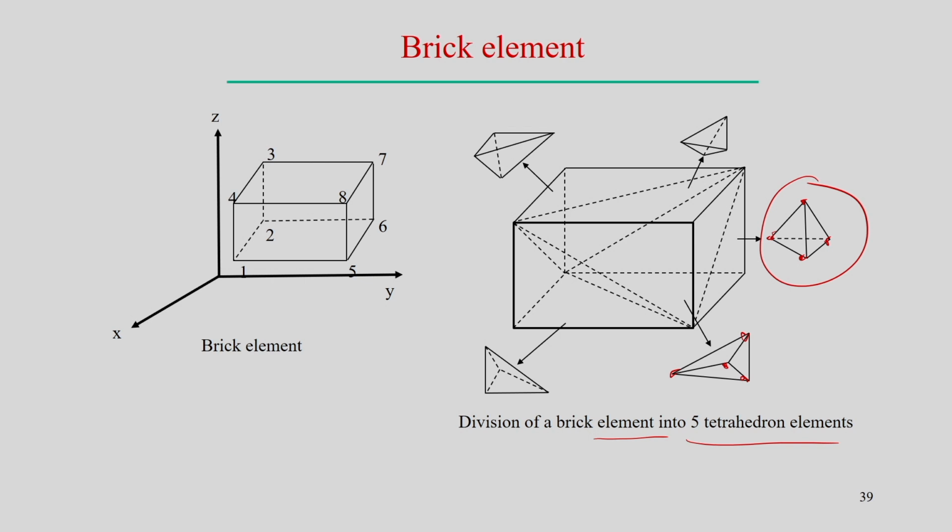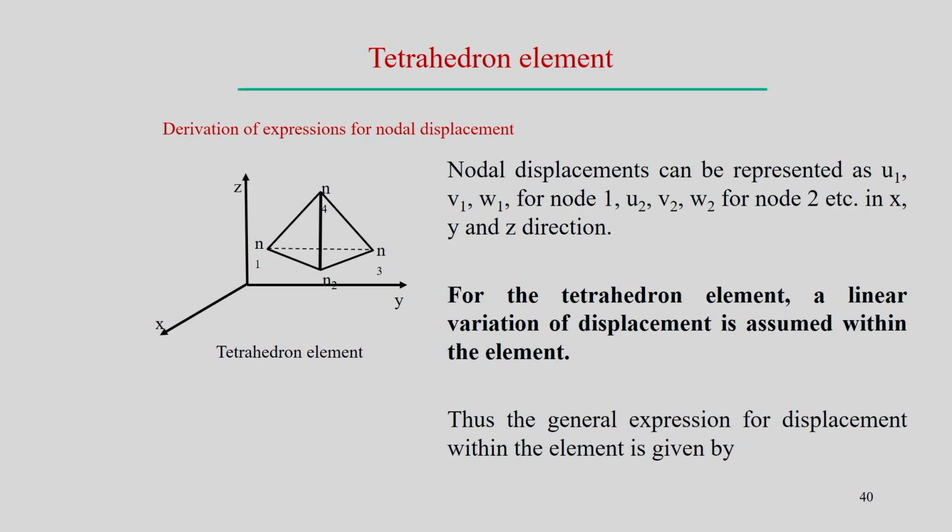So, not necessarily always do we have to consider the brick element; rather we can consider only tetrahedron elements, where the whole domain is meshed in such a way that it creates only tetrahedron elements. It will be easy because it has only 4 node points, so it is easier to look into the expressions for the tetrahedron element. Of course, a similar formulation can be done even if we consider the brick element.